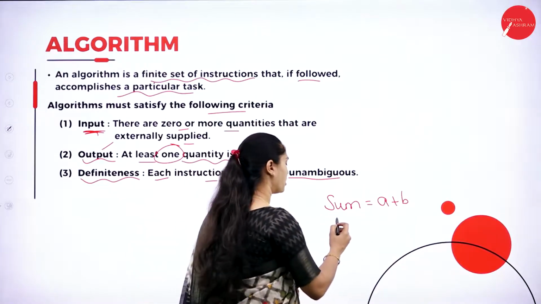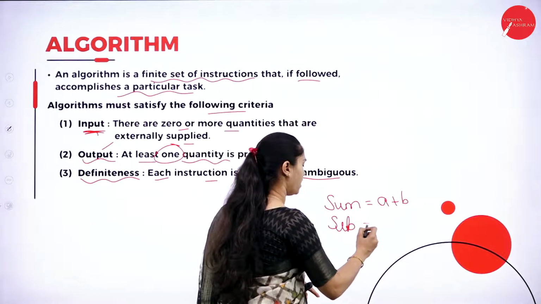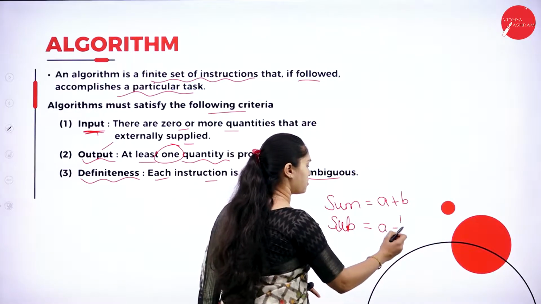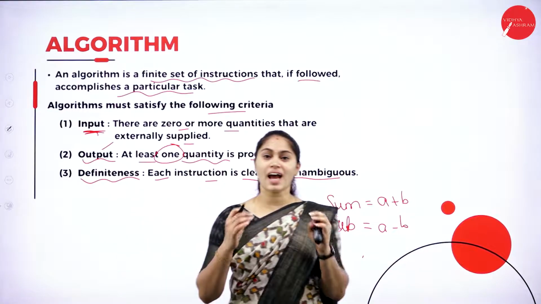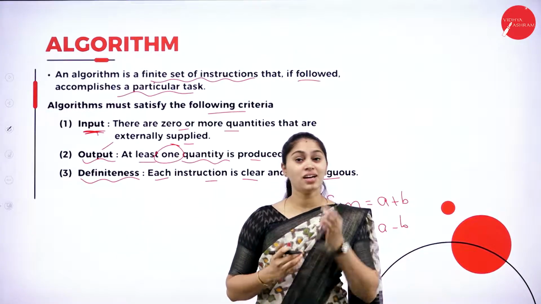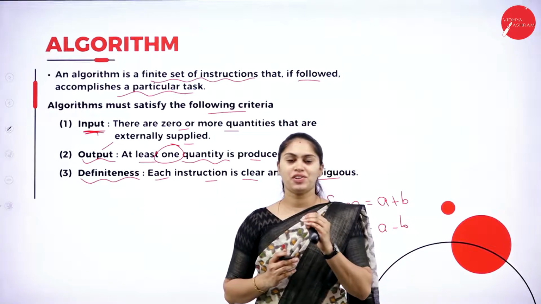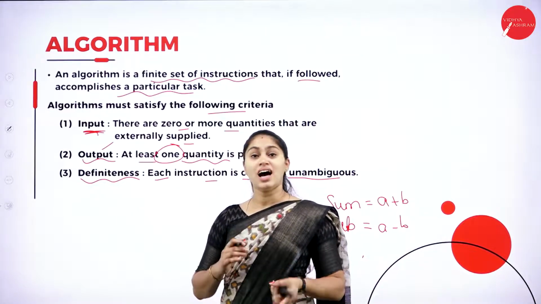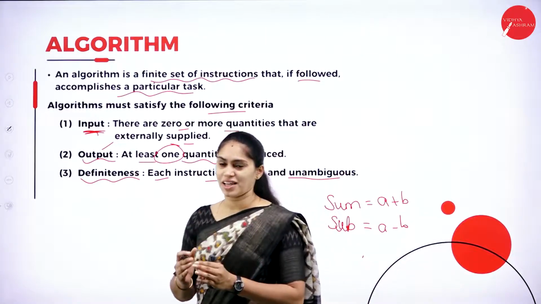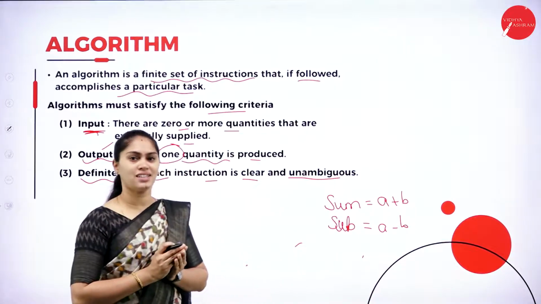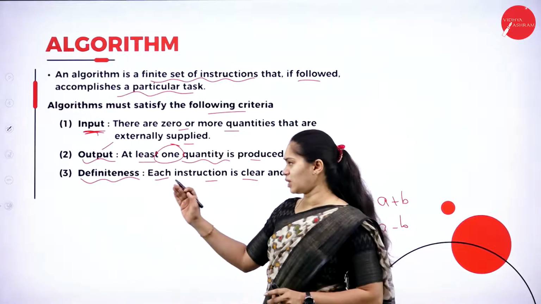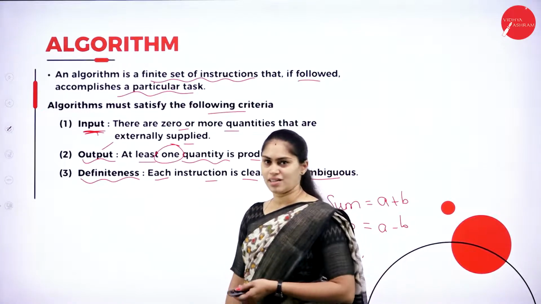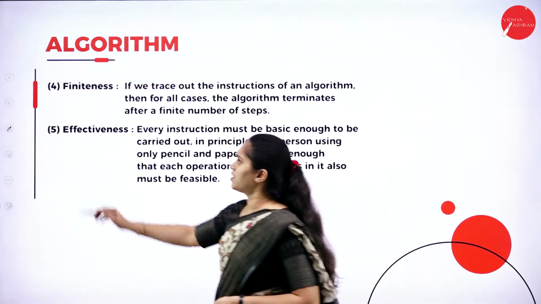And if I write subtraction, sub = a - b, here we are doing the subtraction. That means whatever steps we have in an algorithm, each step needs to be very efficient, clear and confusion free. Then only it will be easy for the designer or developer to implement the system with the help of this algorithm. That is definiteness.